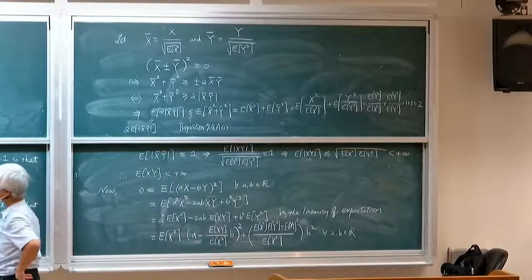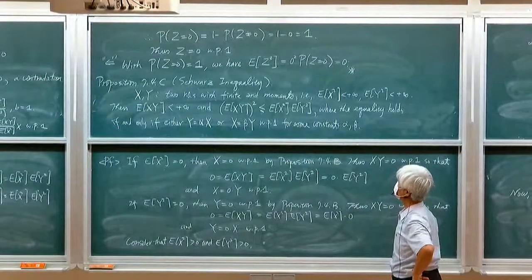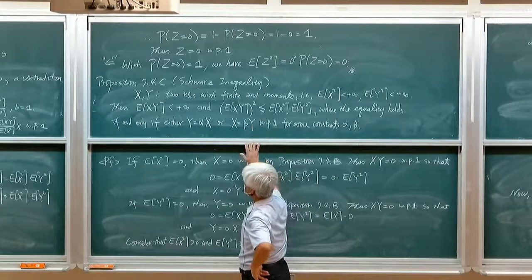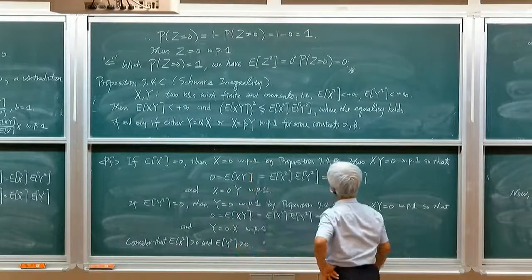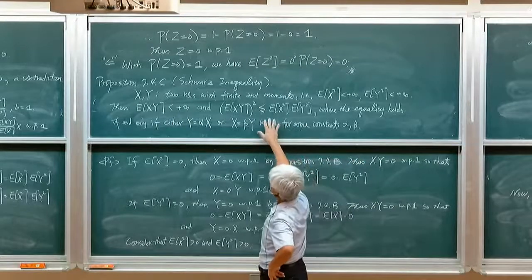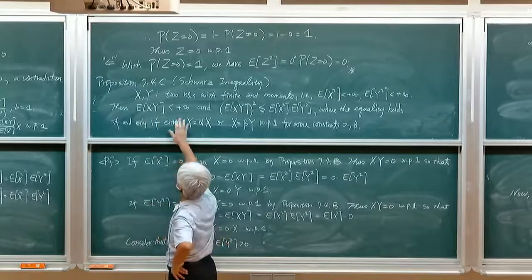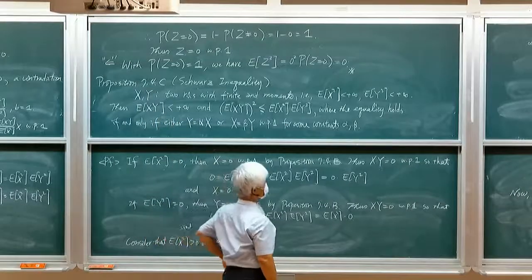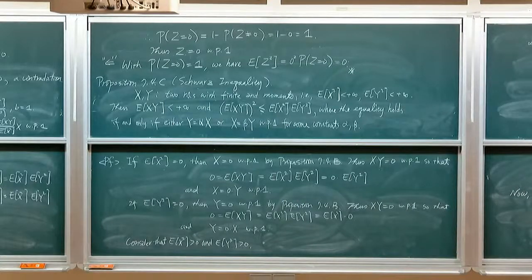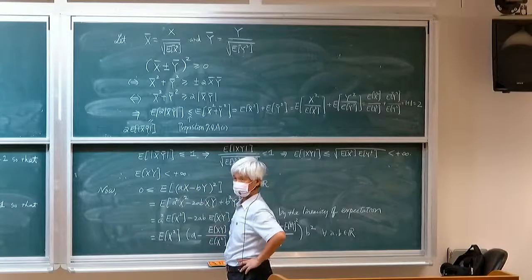So before we can show the Schwarz inequality, we have to show the product has finite expectation. Right. So we take some parts to show that it indeed has finite expectation here. Okay.